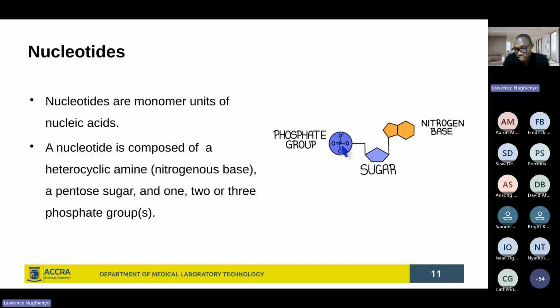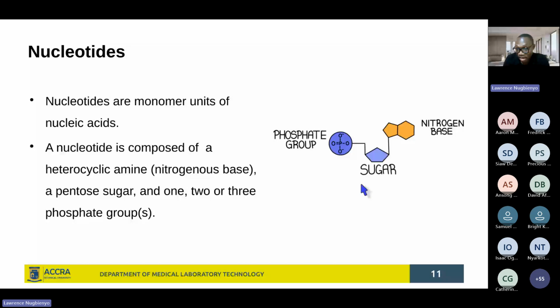Of course, in the aqueous environment in living organisms, the phosphate group from a phosphoric acid gives out hydrogen ions and so will be carrying negative charges. So nucleic acids in biological systems are charged.